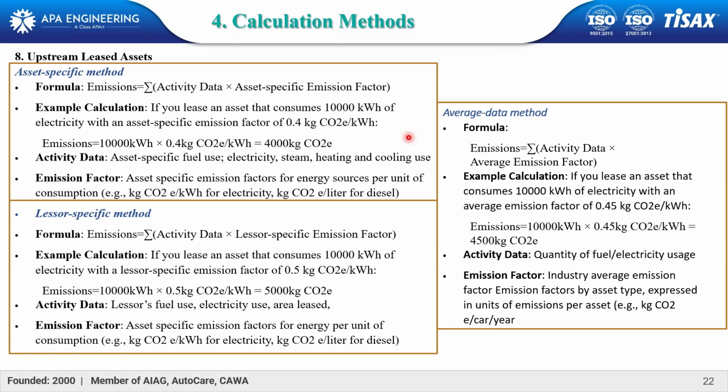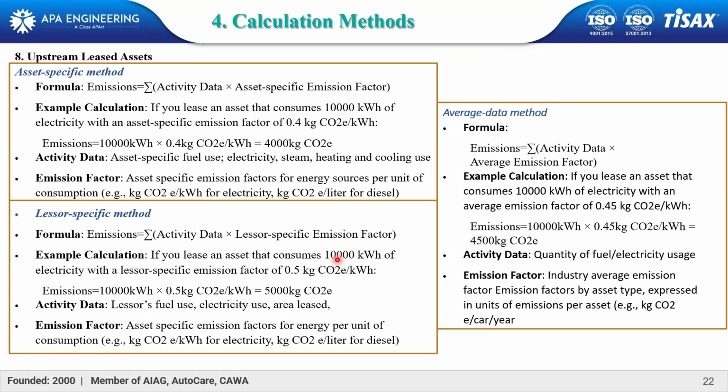So here the emission factor is the asset-specific emission factor for the energy sources, whether it is fuel-based or electricity-based. Now the lessor-specific method. This is similar to the asset-specific method. Here we also incorporate the area leased, and the emission factor specific to that leased area will be the specific emission factor for this method.